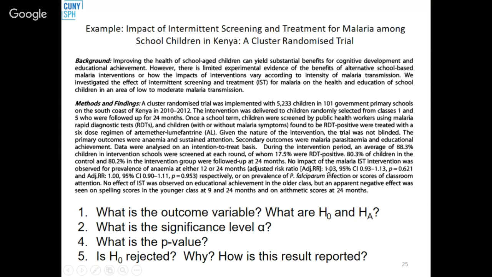But it's based on the sampling distribution for these adjusted risk ratios, which if the null hypothesis is true, that risk ratio is equal to 1, exactly 1, if you have a treatment that just doesn't do anything. So this is not too different from 1, and in fact, under the null hypothesis, you would get values of 1.03 or greater, or something like 0.97 or less, a full 62% of the time.